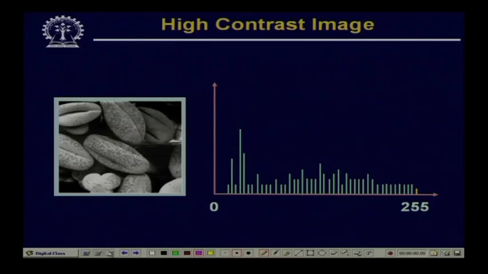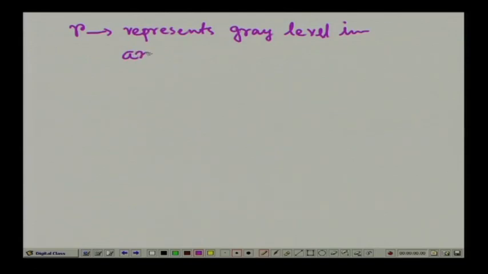So, for this histogram equalization operation, initially we will assume R to be a variable representing the gray level in an image.